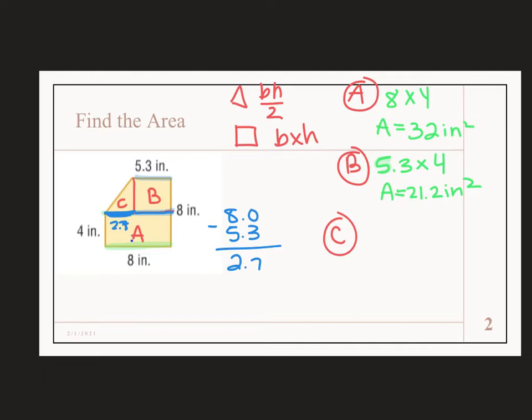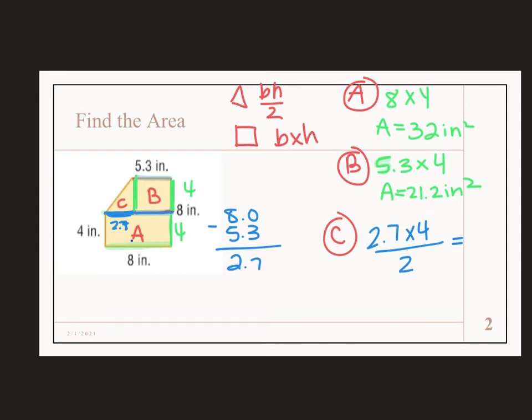So our base is 2.7, and we're going to multiply it by the height. So I'm going to highlight that in green. The height of this triangle is going to be the same that we figured out earlier, which was 4, because we said for B that was 4, because this bottom part is 4 to give us 8. So we're going to do 2.7 times 4, and we're going to have to divide it by 2 in the end because it is a triangle.